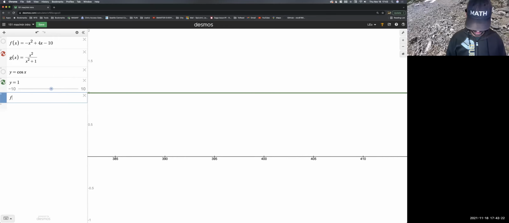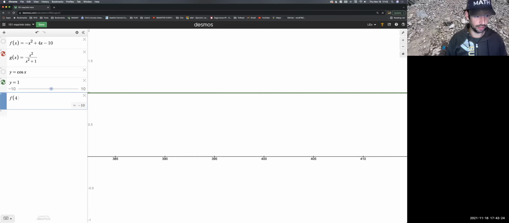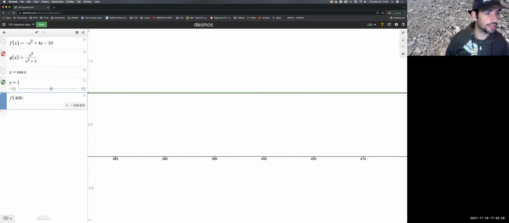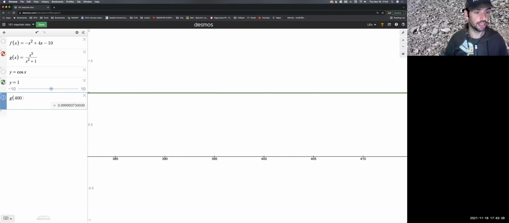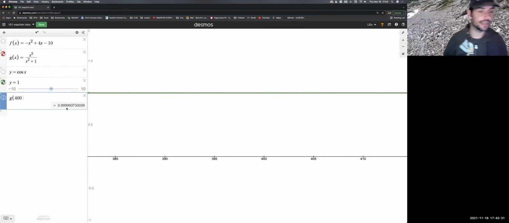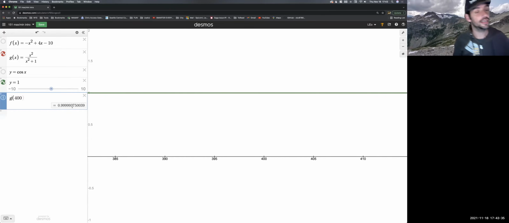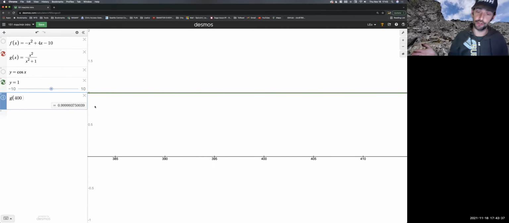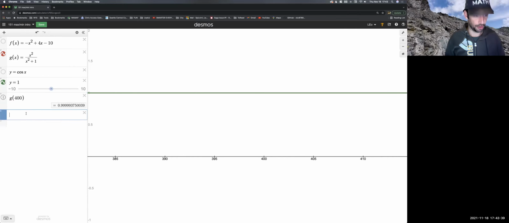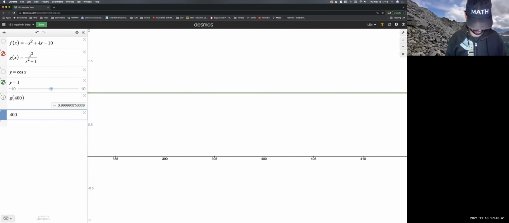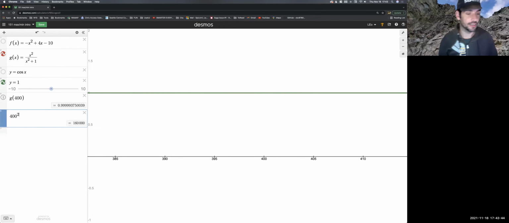If I zoom in here, the difference between these is, well, let's just evaluate it. What's g of 400? G of 400 is 0.99999375039, and on and on and on, right? We've got 400 squared over 400 squared plus 1. What's 400 squared? 160,000.